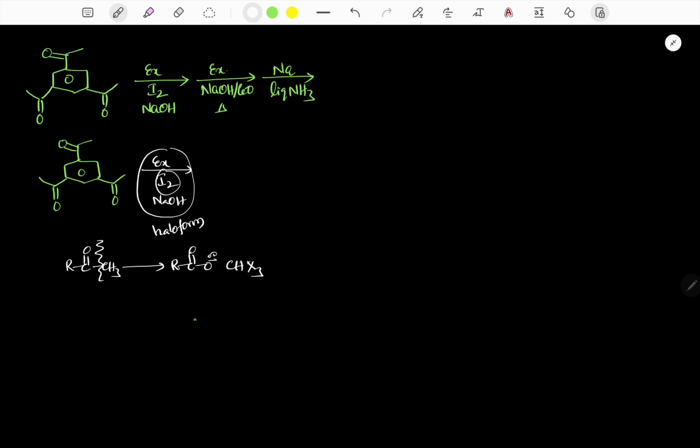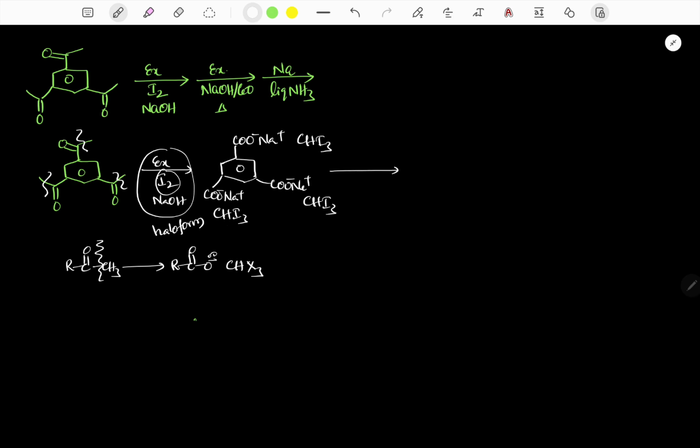Here we are using iodine, therefore iodoform, iodoform, iodoform, and the corresponding product is COO minus Na plus on each side, and iodoform three times.